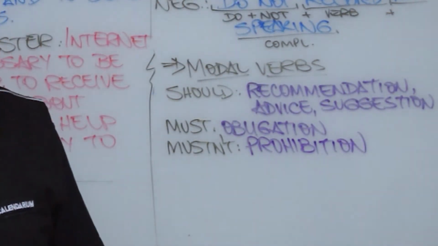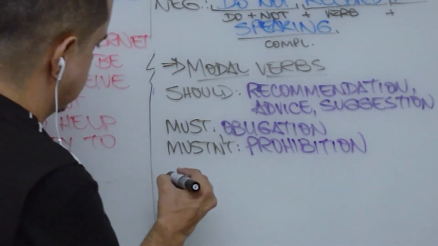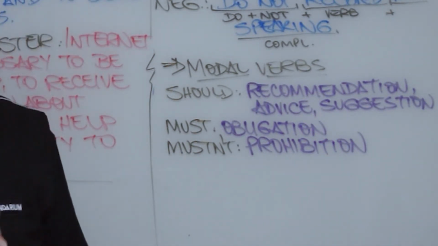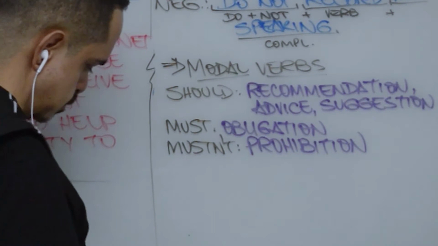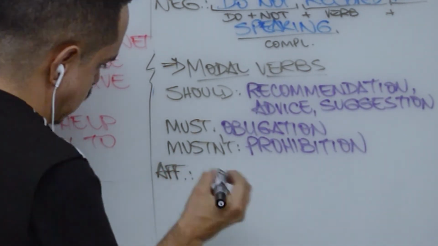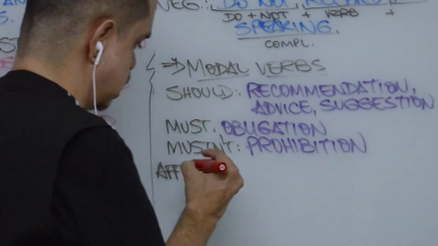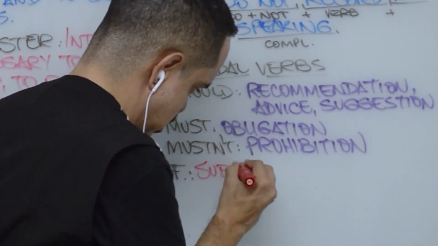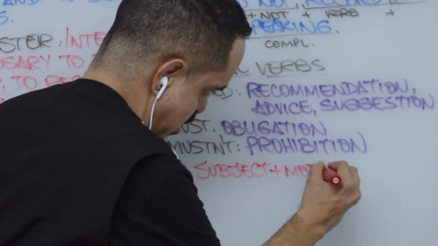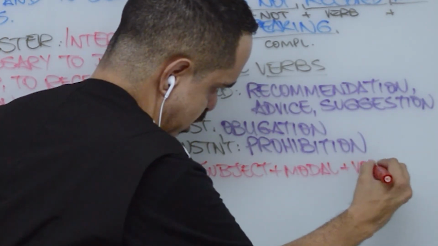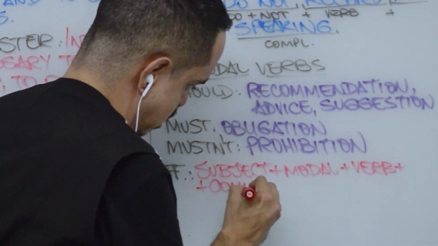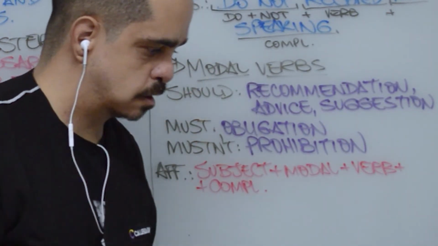So let's see some examples related to that. Our structure is always going to be the following. Affirmative. I will have the subject, the modal verb, the main verb, and a complement.